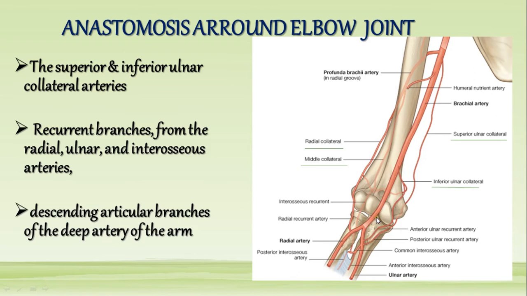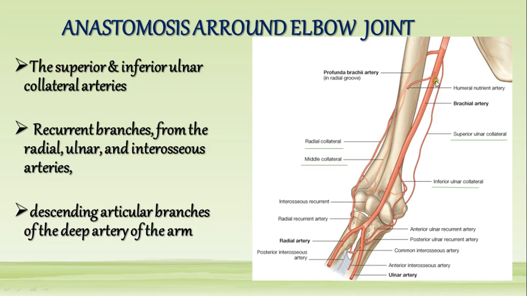Okay, so before we go to the anastomosis, we should know the vessels which are present in the arm. Now look carefully at the figure. This is the brachial artery, which runs downward in the arm, and it divides into the radial artery and ulnar artery.